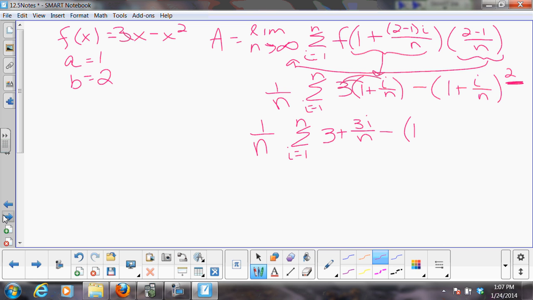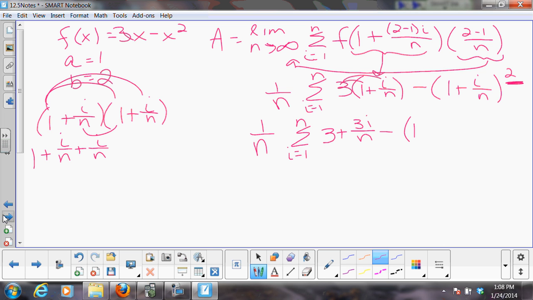So we get 1. I'll do that on this side so you can see it. So first is 1. Outside, i over n. Inside, i over n. And then lasts, i squared over n squared. So this is actually 2i over n. So 1 plus 2i over n plus i squared over n squared.